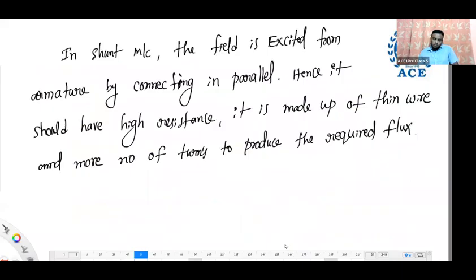DC motors are self-starting. How it is self-starting, I will show you in armature reaction. Armature reaction is very important. If anybody misses it now, don't miss armature reaction. Mostly by tomorrow we start armature reaction.